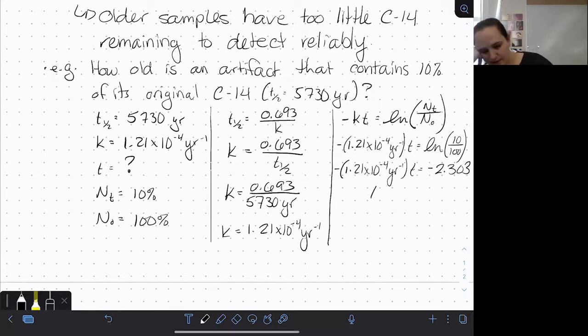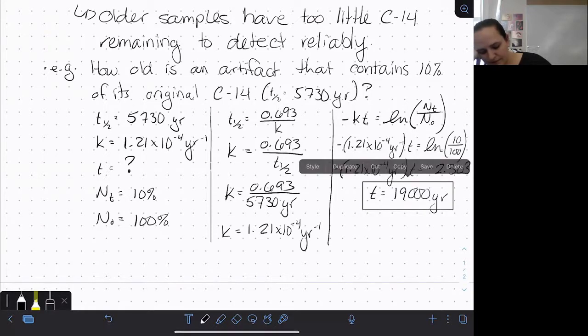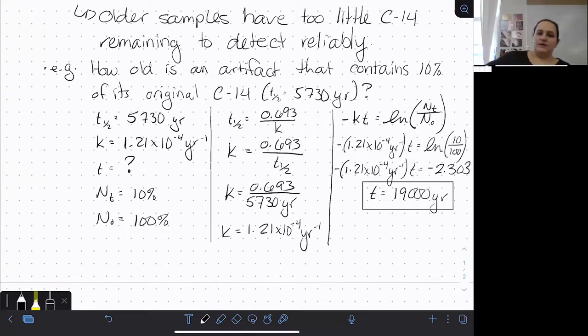Then if we divide both sides by negative K, we find a value for t in the ballpark of 19,000 years. So we can say that this artifact is approximately 19,000 years old. That works well within the range of carbon dating.